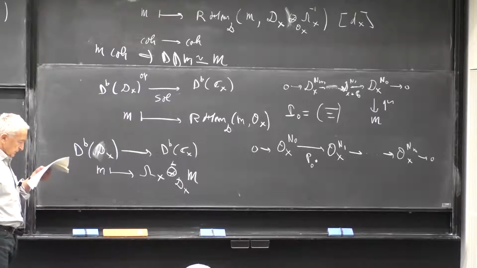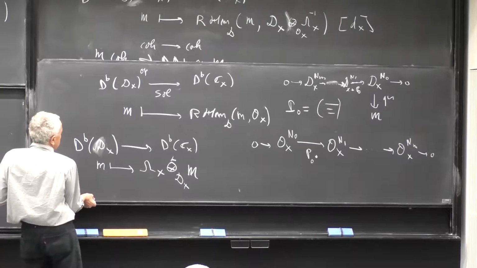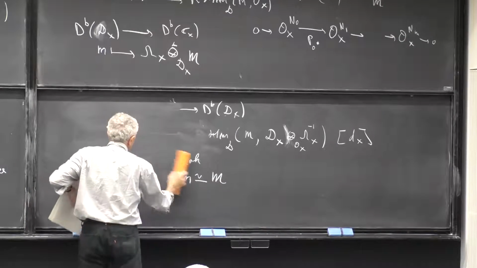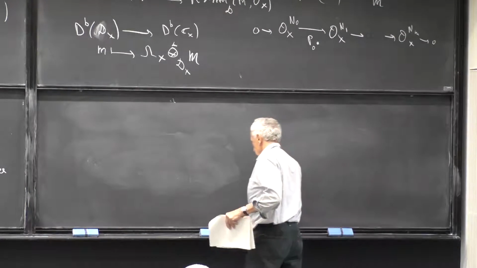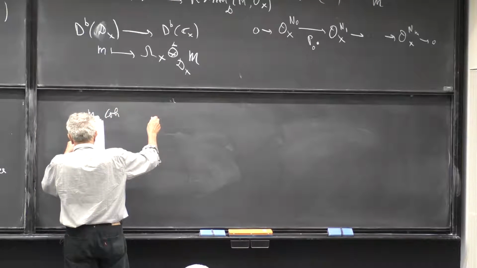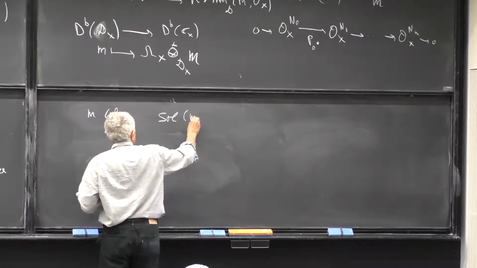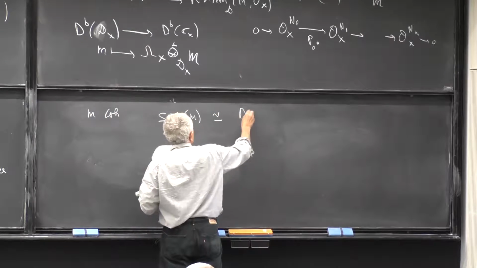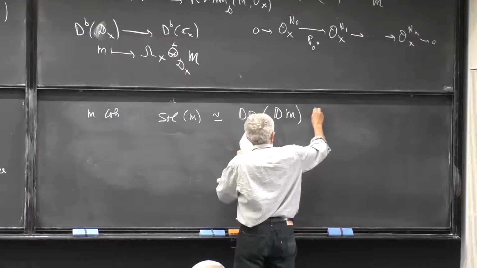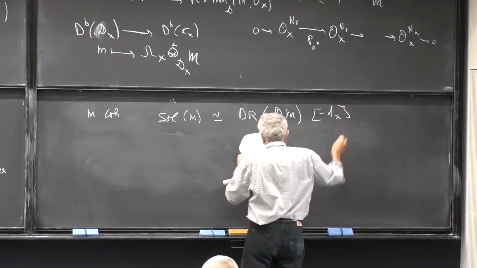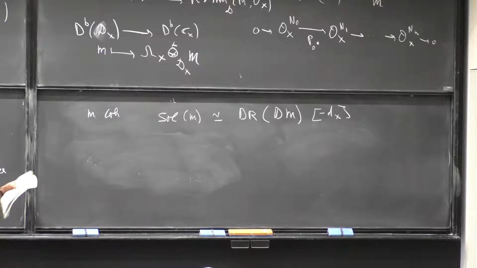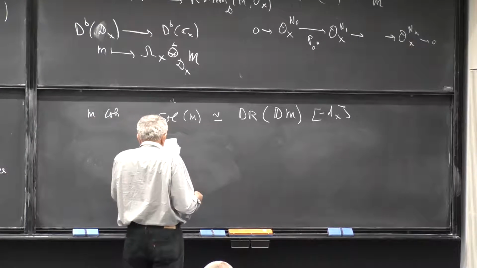On these two functors, if M is coherent, then the solution functor is the same as the de Rham functor applied to the dual of M, up to a shift. So you see de Rham or Sol play the same role. We are not to worry about that, but they are basic.